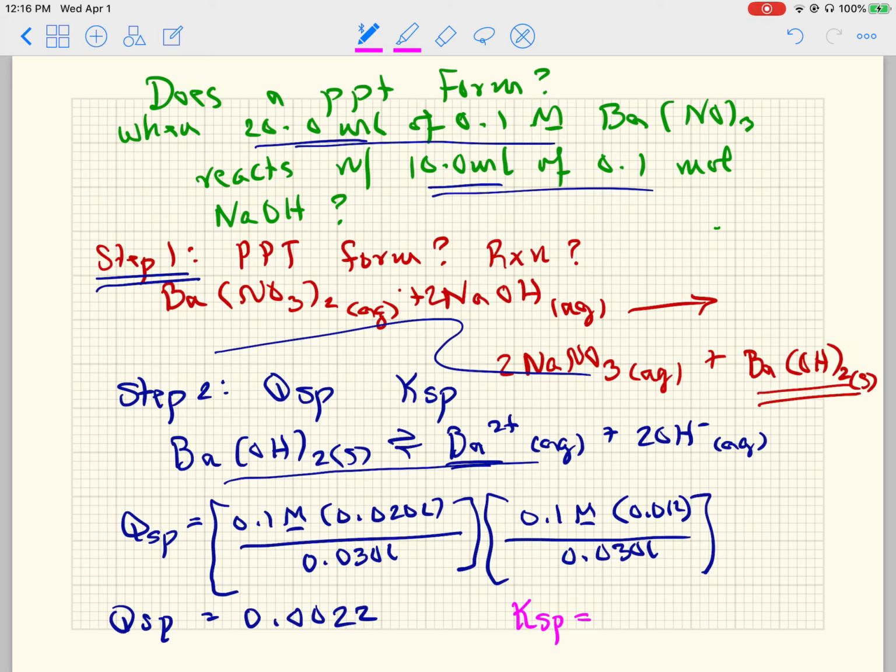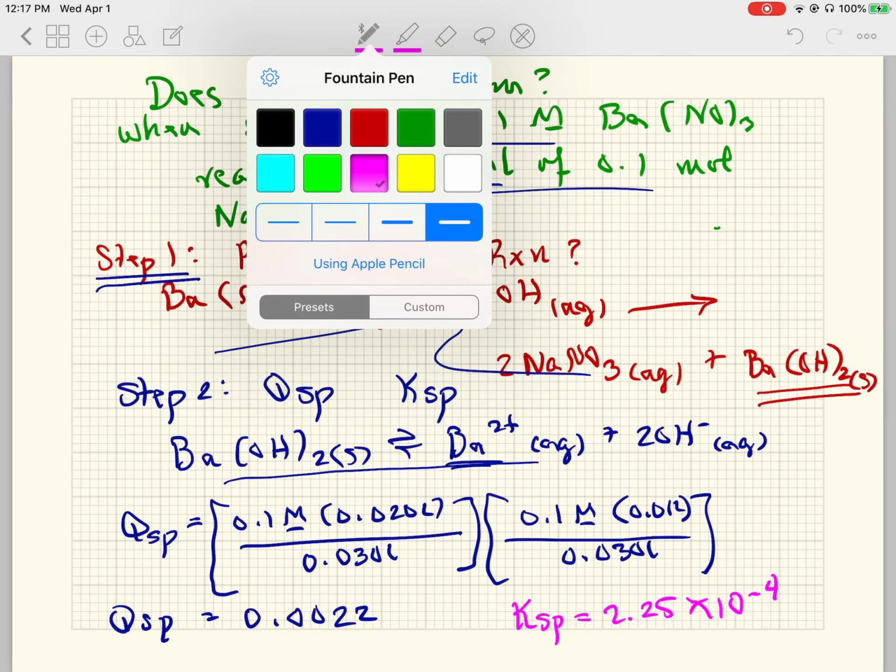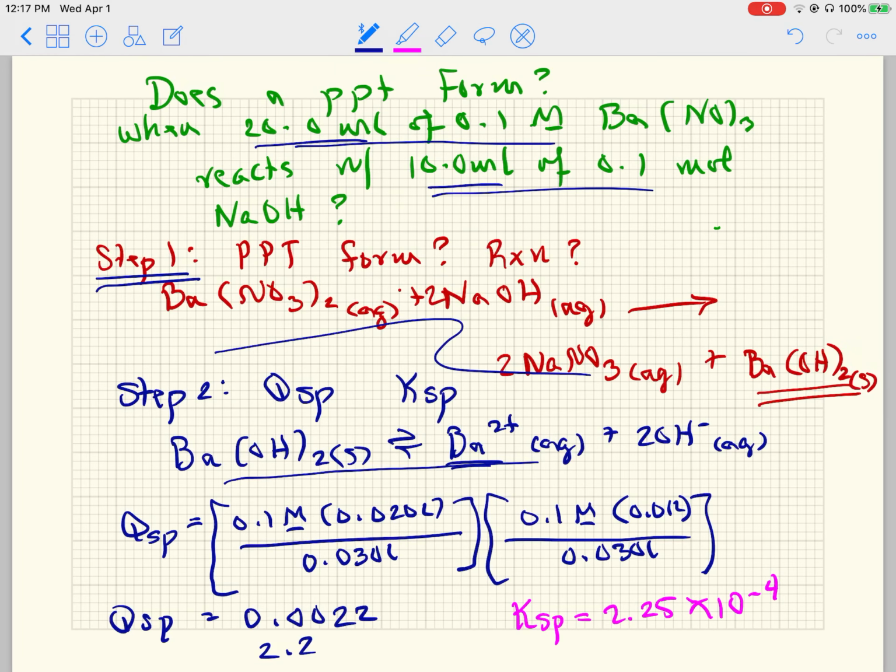You could also Google Ksp of barium hydroxide. And according to my online source, it is 2.25 times, and they'll vary because these are so small in many cases, times 10 to the negative fourth. And this value over here is 2.2 times 10 to the negative 3. So it is still greater than my Ksp.